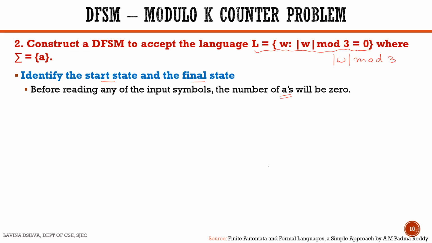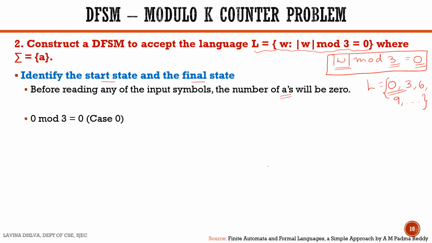When we divide the length of the strings in this language by 3, we need to get remainder 0, and these are the strings which have to be accepted by the DFSM. The minimum string will be the 0 length string. After that it will be length 3, then 6, then 9, etc.